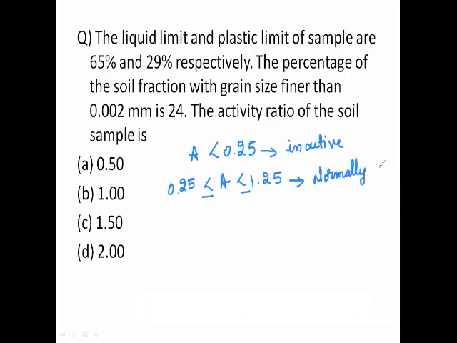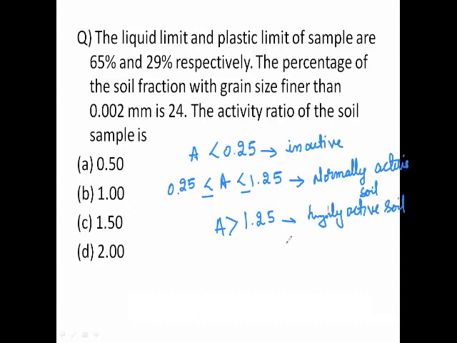And if A is greater than 1.25, then such a soil is called a highly active soil. Remember this.